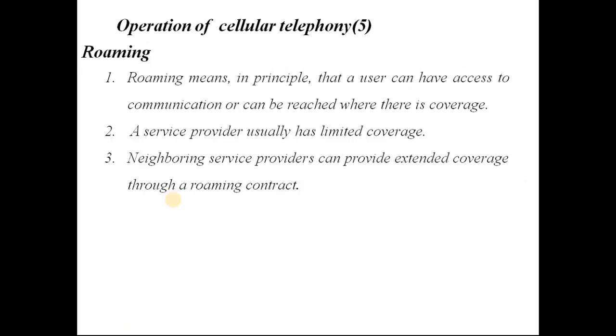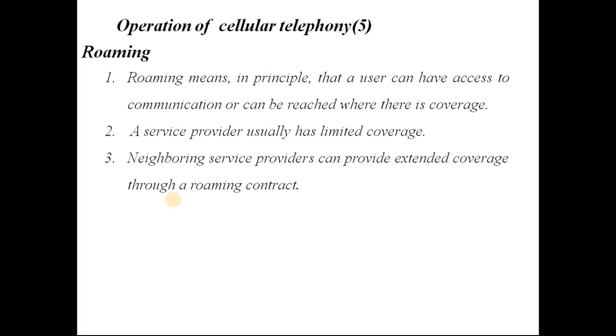So there is something called roaming. We know what roaming is, basically. Say your service provider has some range, a limited coverage to provide you the service. If you are moving away from that range or limited coverage, then you might get service from a neighboring or different service provider, which is called extended coverage.